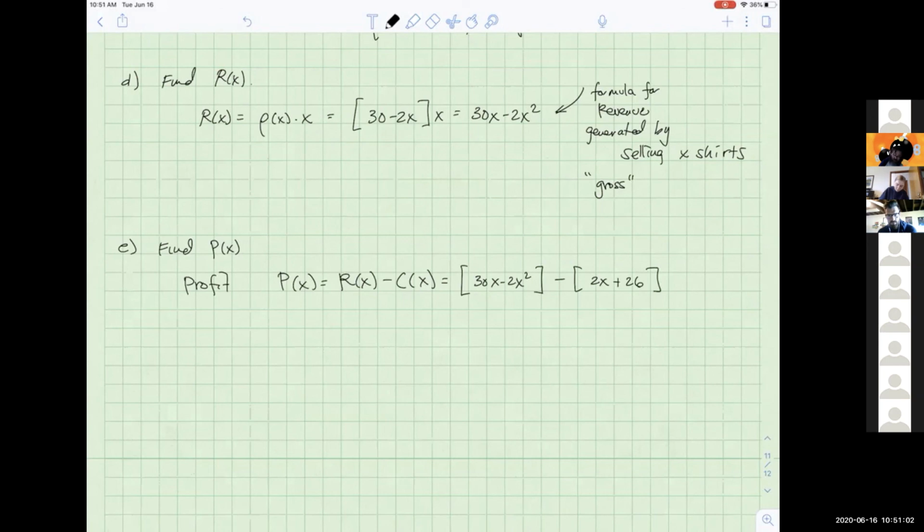So when we simplify this, we get 28X minus 2X squared minus 26. This is our profit function. This is the net from selling X shirts.